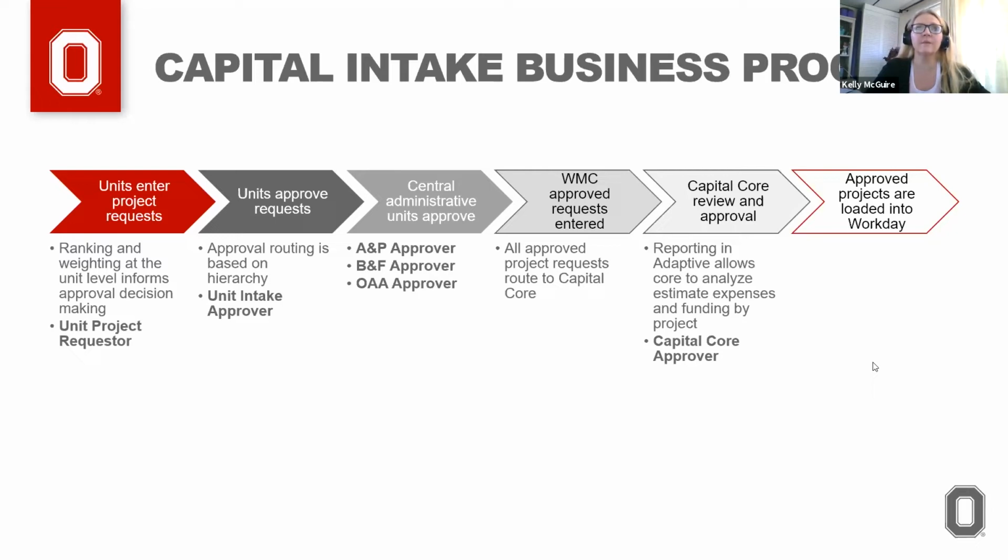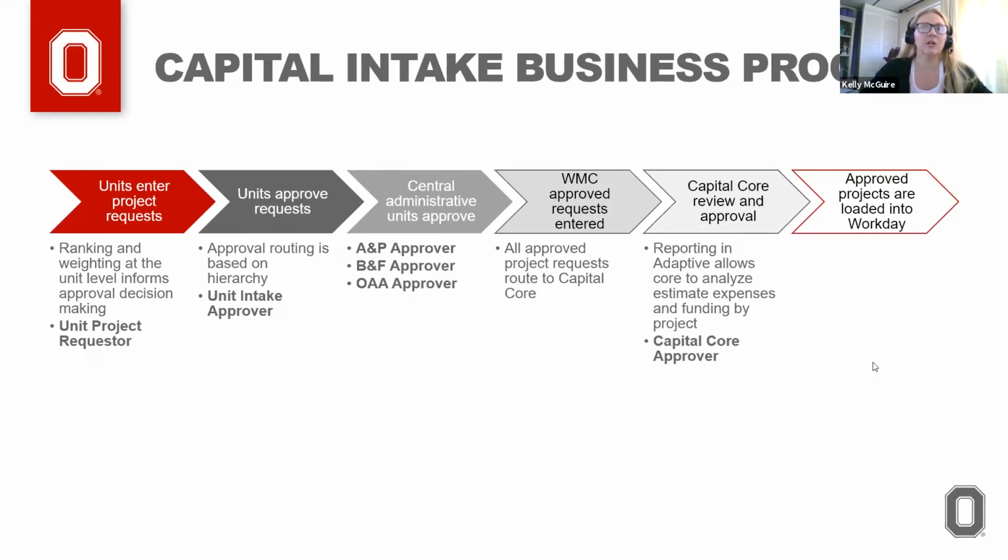Security in Adaptive is restricted to your unit access to enter and to approve requests in the sheet, whether it's capital or non-capital. The dates are still going to be maintained by central administration for when the unit will have access to the capital sheet.